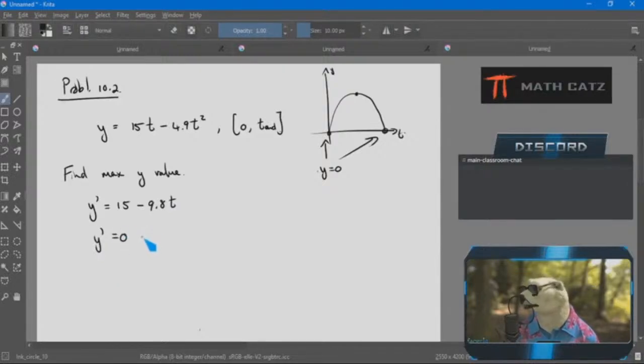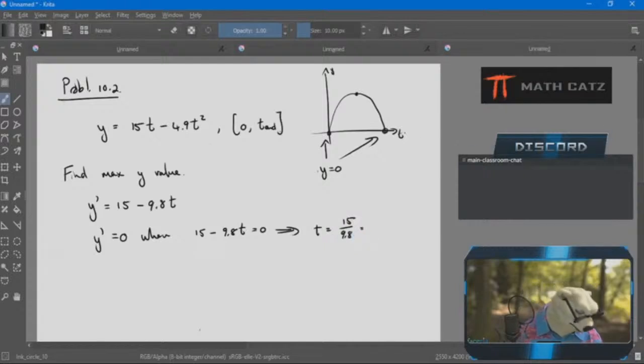I don't have to ask about the undefined portion because it's a polynomial, and that'll never give me anything. So it's going to be 0 when I set this equal to 0. And that means that t is 15 over 9.8.